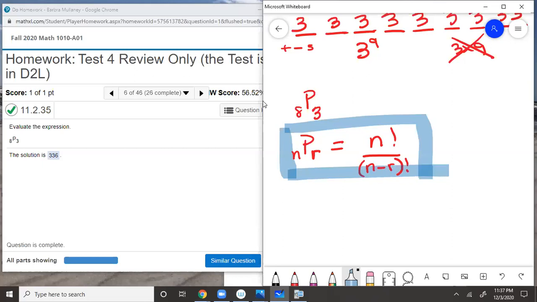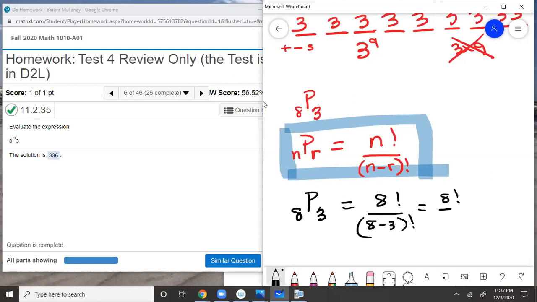So we're going to evaluate this first by hand, and then we're going to put this on the calculator. So the permutation of 8 items taken 3 at a time is 8 factorial all over (8 minus 3) factorial, which is equal to 8 factorial divided by, now we're going to take what's inside the parentheses first, 5, and apply the factorial. And that's equal to 8 times 7 times 6 times 5 factorial. I'm going to stop right there because I know it matches what I have in the denominator.